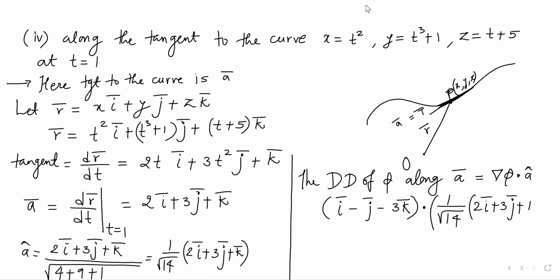Correct? So you can take out that 1 by root 14 outside, then multiply the coefficients of i bar, j bar and k bar and add them. So it is 2, then minus 3, minus 3. So it is minus 4 by root 14. The answer is going to be minus 4 by root 14.